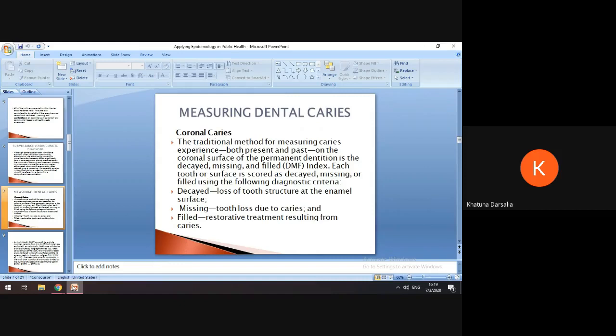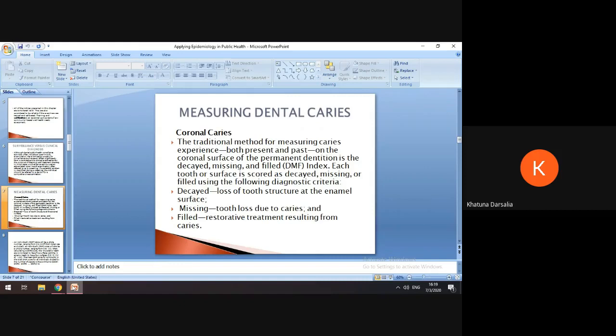An individual's DMFT score will be a whole number ranging from 0 to 28 if third molars are excluded. An individual's DMFS score will also be a whole number ranging from 0 to 128.